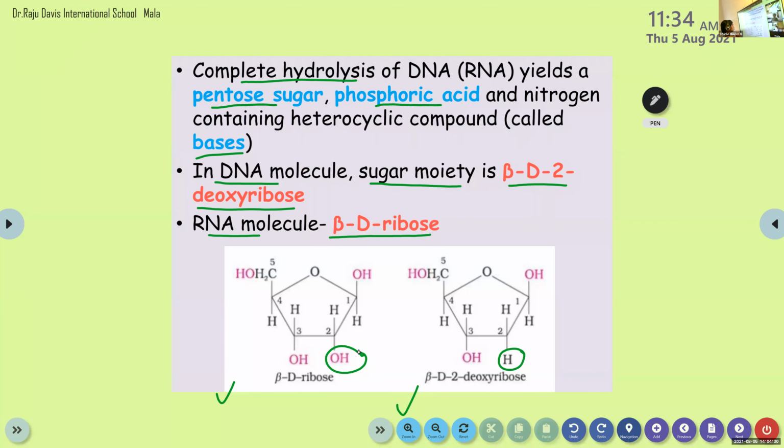You have to remember pentose sugar, phosphoric acid, then one base. These are the three components present in DNA and RNA. In RNA molecule, it is beta D ribose.